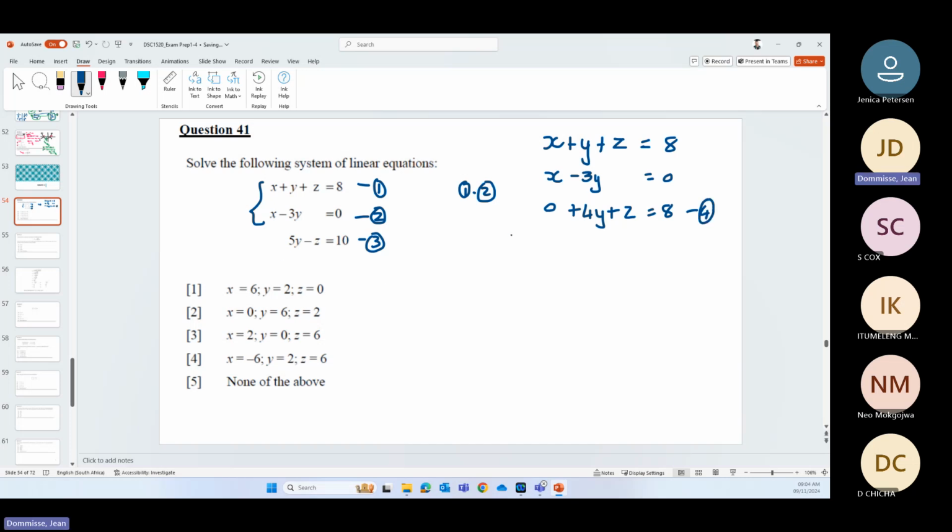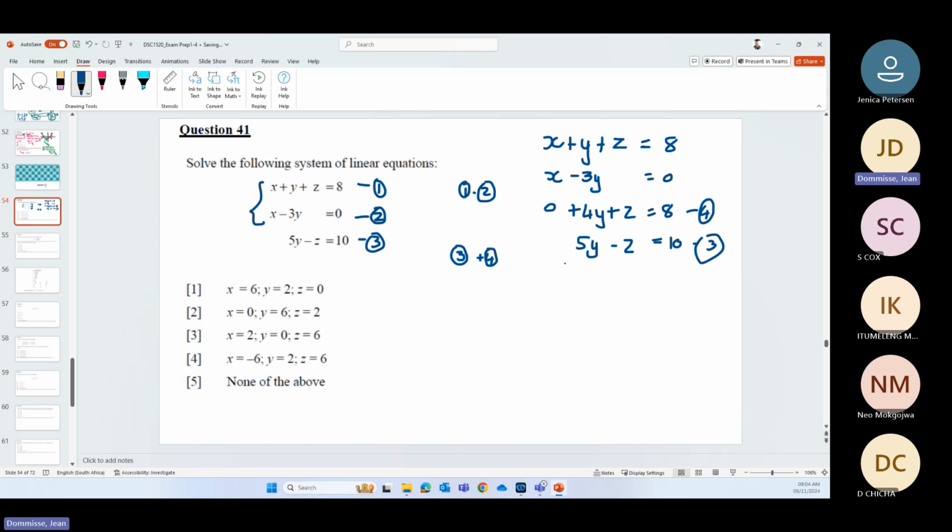Then I take the one that I saw there, so the 5y minus z is equal to 10. That was my third formula, and I can just say, well, if I now add the two, the z's will disappear. So if I say formula 3 plus formula 4, I will get something that I can work with.